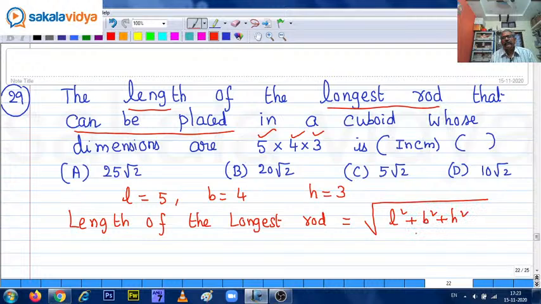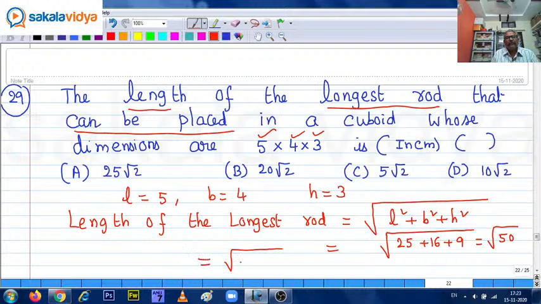This is also diagonal only. Square root of L square, L square is 25, B square is 16, plus H square is 9. This will be root 50. Root 50 we can write square root of 25 into 2. That is 5 root 2 centimeters. So C is the right option.